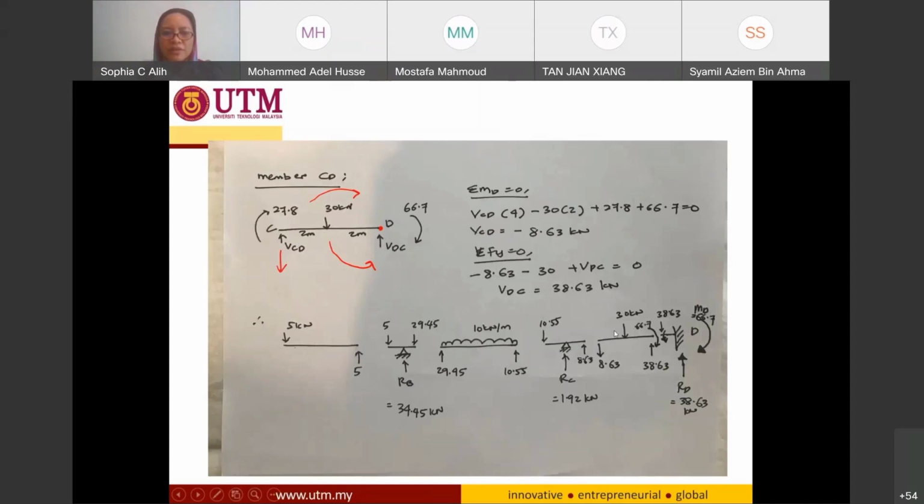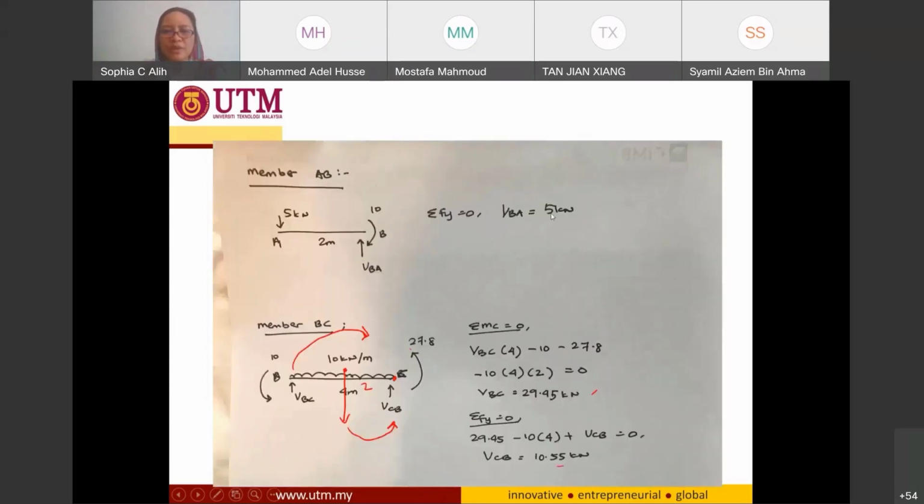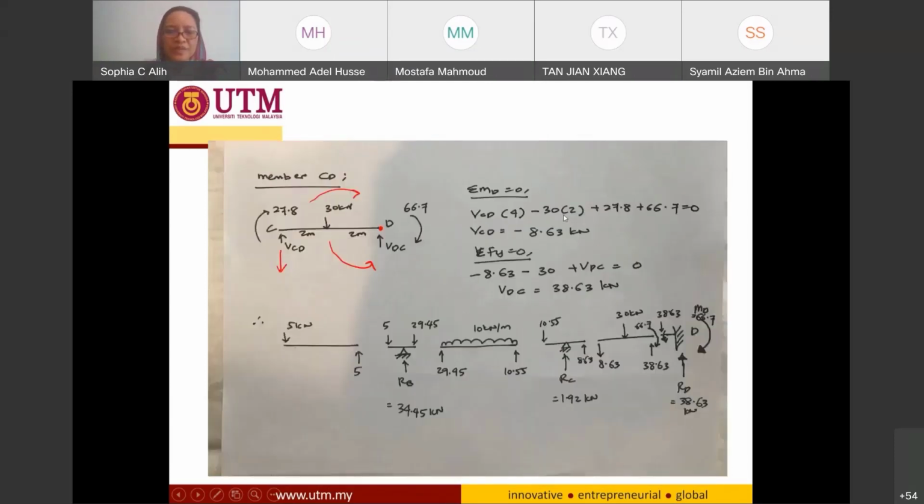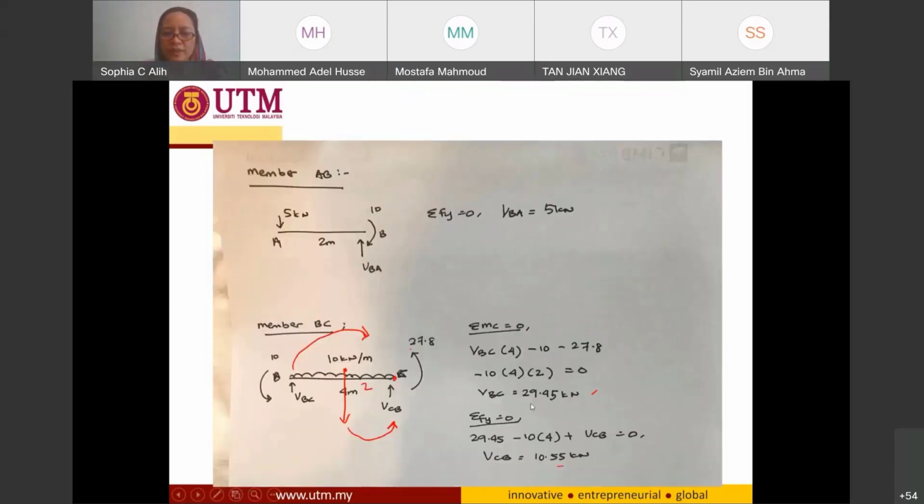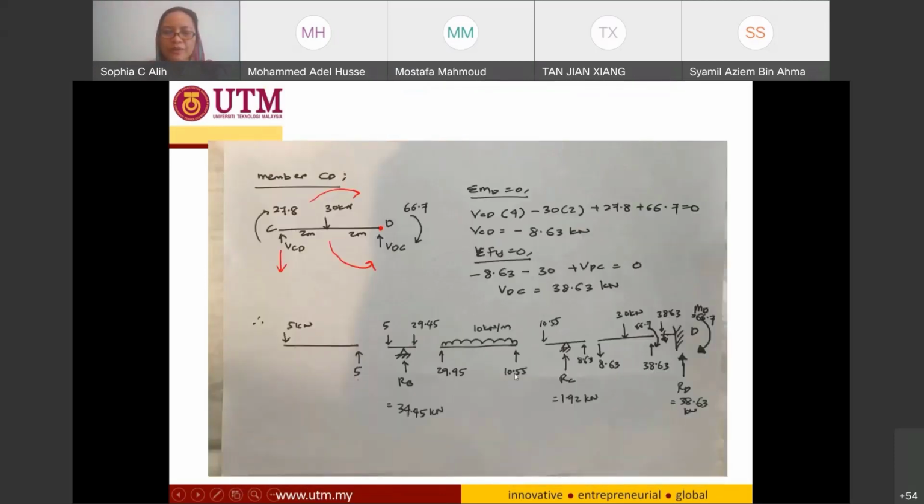And right now I have all the member shear forces of the members. I have 5 over here, so this is valid 5, and I also have 29.45 and 10.55. In order to balance these 5, I need to introduce another shear force at the other end in the opposite direction, going downward 5.